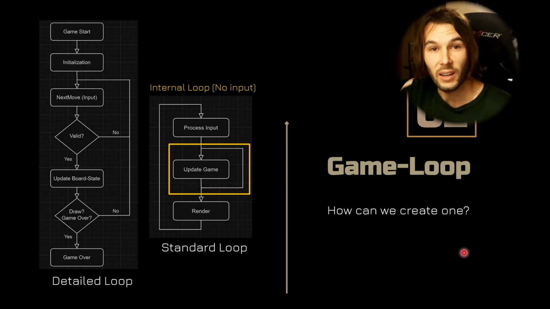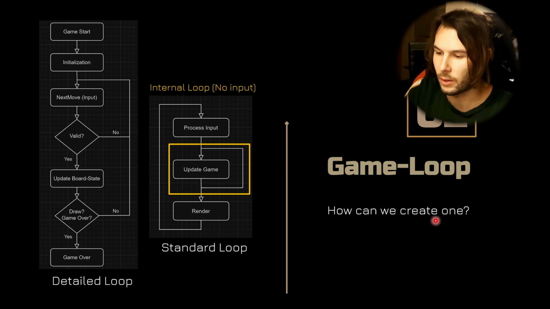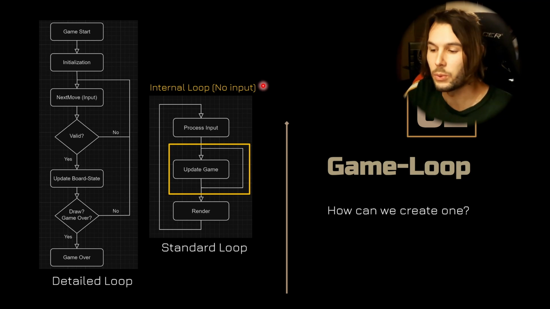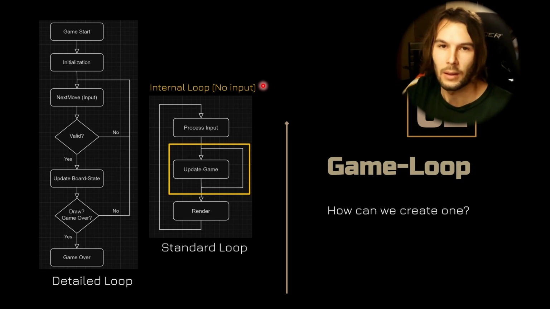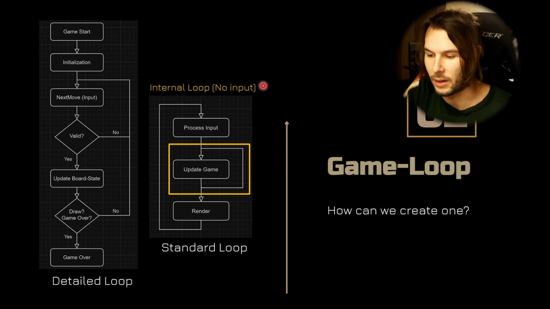You might wonder, how can you start implementing a game now? And the answer is fairly simple, because you will always have some kind of loop. I just provided some for you here, so you can have a look at the internal loop. The internal loop and the standard loop are two different things. The internal loop will always happen without an input from the user. The standard loop includes the input from a user.